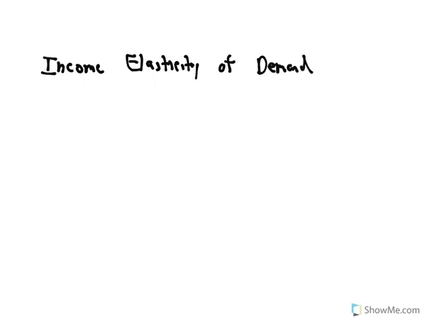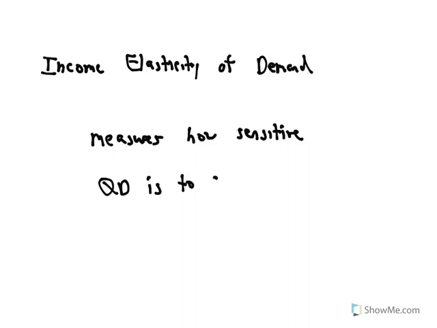The other one that I want to look at in this video is the income elasticity of demand. And I'm sure you can kind of guess where we're going with this one. So this measures how sensitive quantity demanded is to a change in income.